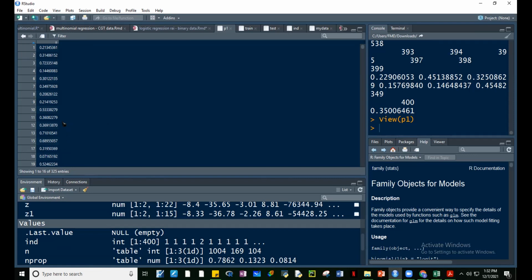So kapag greater than 0.5 yan, then tanggap siya. Pag less than 0.5, then hindi siya natanggap. So itong 0.213, hindi natanggap yan, no? 0.314, according to our model, hindi siya natanggap, rejected. This was accepted, rejected, rejected, rejected, rejected.